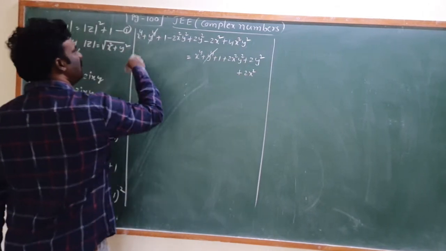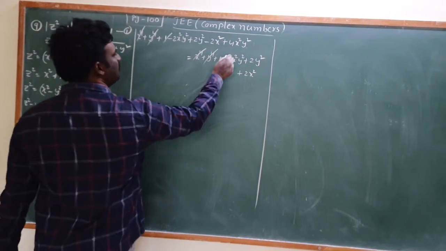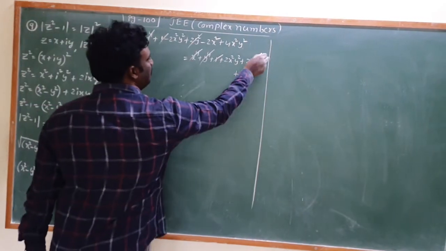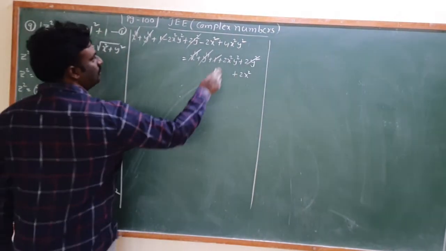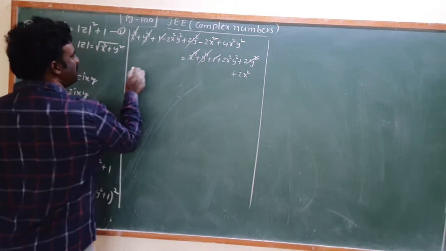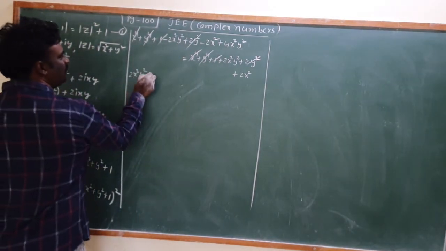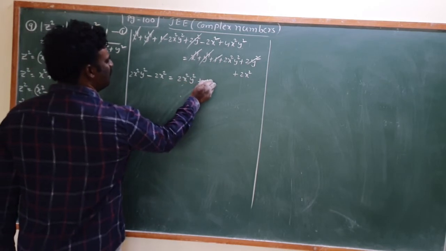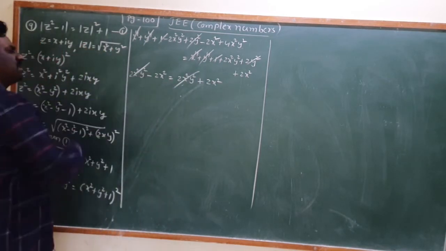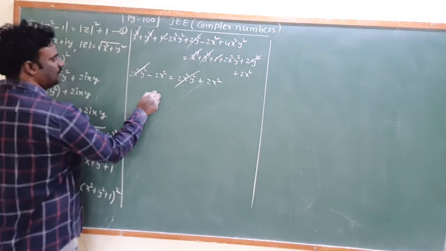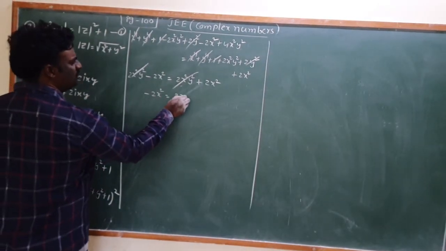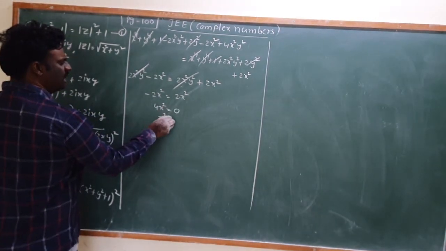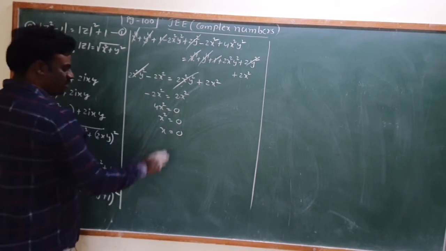Then y power 4, x power 4 and 1 cancel. Now again what cancels? 2y square cancels. 4x square y square minus 2x square y square, 2x square y square, minus 2x square equals 2x square. Then 4x square equals 0, x square equals 0, x is equal to 0.